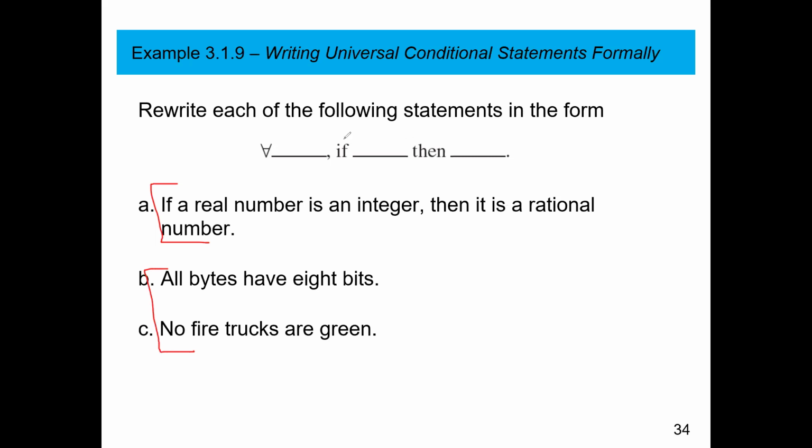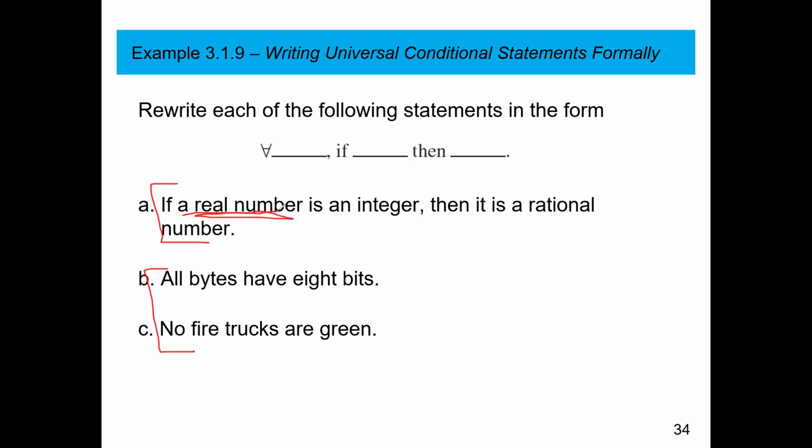How would I do this first one in this statement up here? Well, notice if a real number is an integer, then it is a rational number. So I have to do something right here. What's the if part? If a real number, so the real number is my variable.